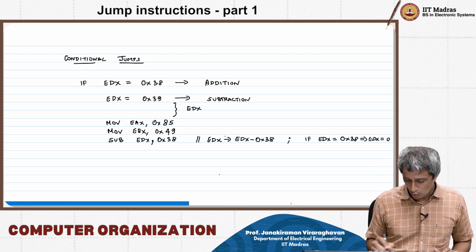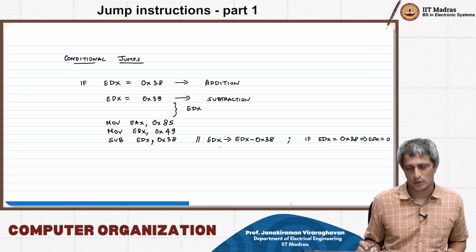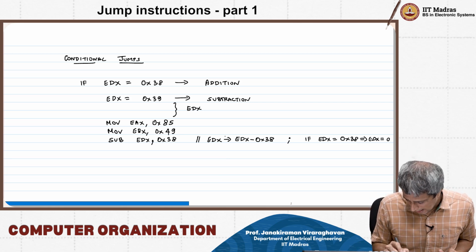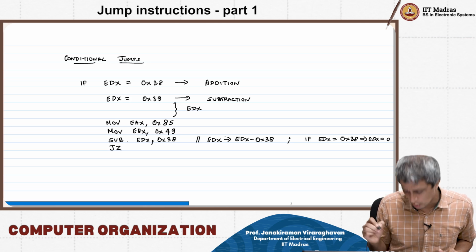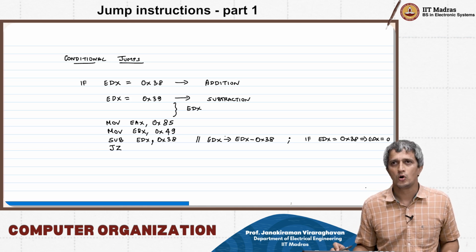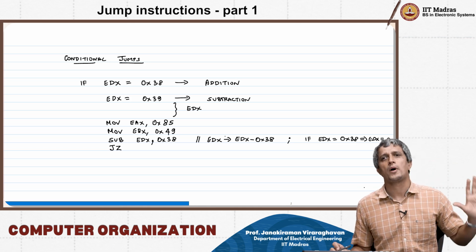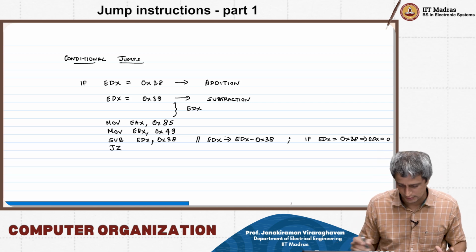right. So, now what I can do, I will subtract this EDX 0x38, right, and then say, jump on 0 to some other part of the code where I am going to do addition between EAX and EBX.